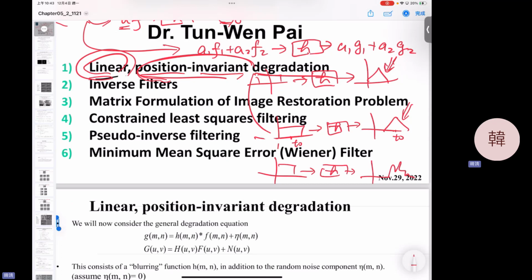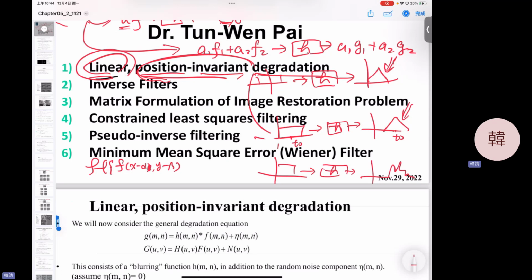So in mathematics, we say position invariant. Maybe you have H of f in 2 dimensions, where x moves some alpha position and y moves some beta position.